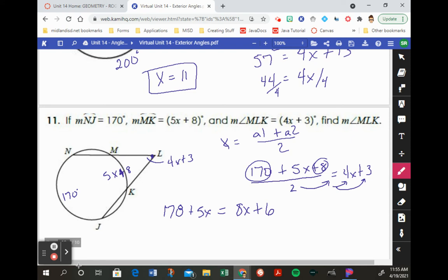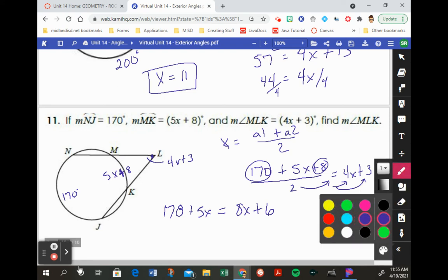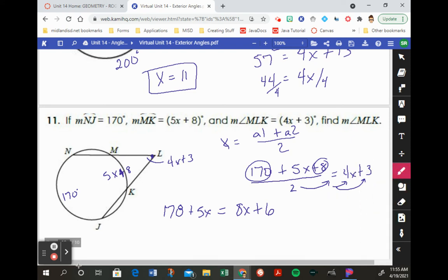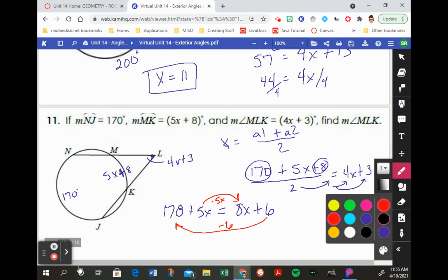Now I'm going to move some things around. So I'm going to move the 5x over here and the 6 over here. I'm going to subtract 6. I'm going to subtract 5x. And when I do, I'm going to get 3x on the right and 172 on the left.